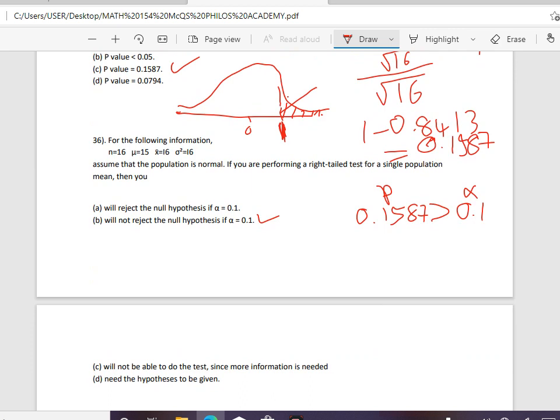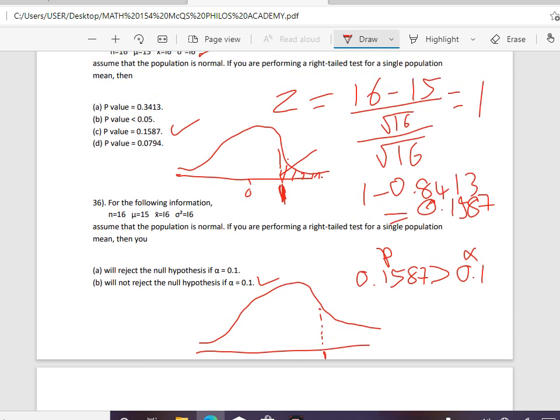Another way of checking it is you sketch a curve. Our computed z was 1. Then we find a critical value of z. To find a critical value of z, you subtract the significance 0.1 from 1.